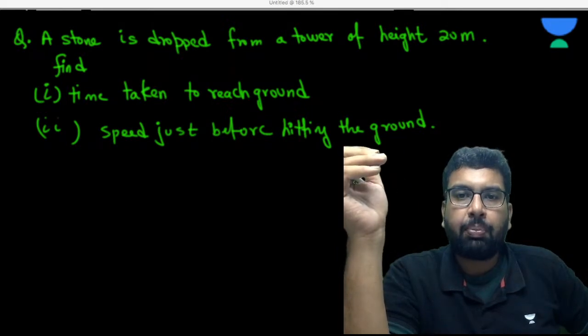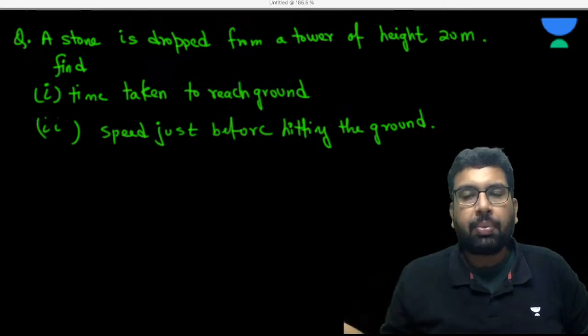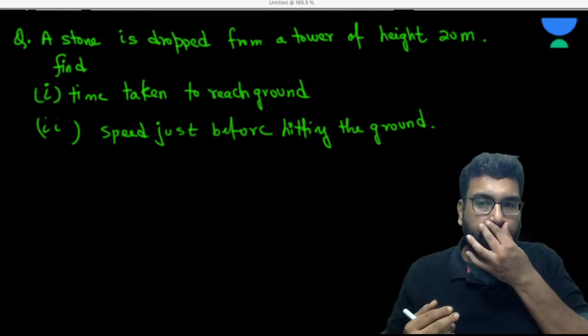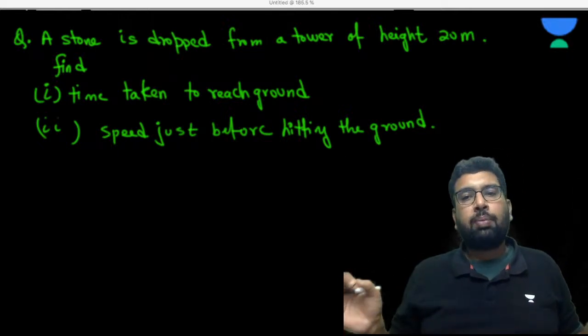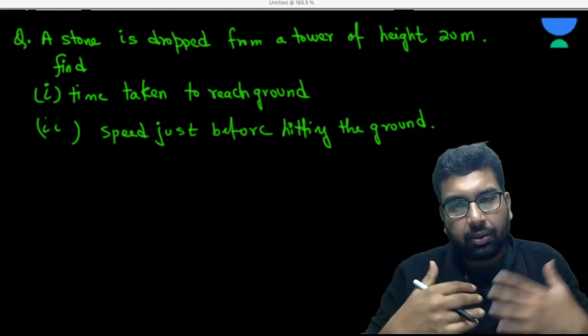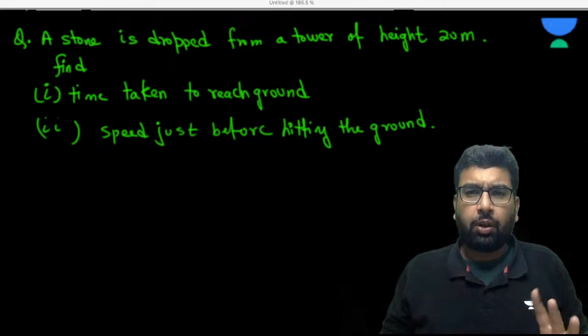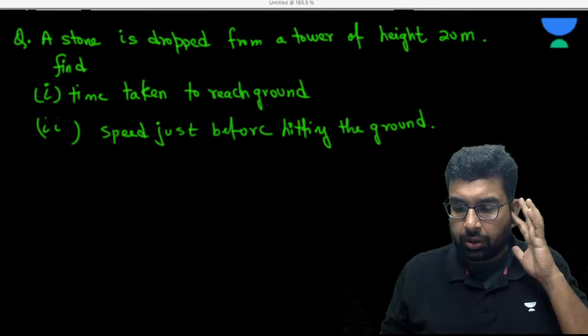Today we'll complete motion under gravity, and in the next session I'll complete relative velocity in one dimension. Motion in a straight line will then be finished. After 2-3 sessions I'll complete projectile motion, and 2-3-4 sessions to complete circular motion. This is the way we are approaching. So within a week or so, kinematics will be finished, and we'll right away start Newton's laws.